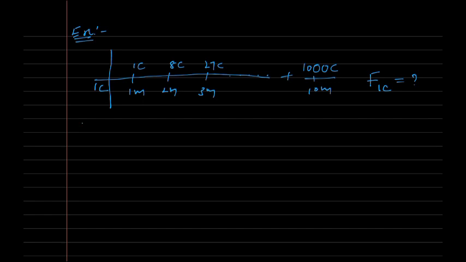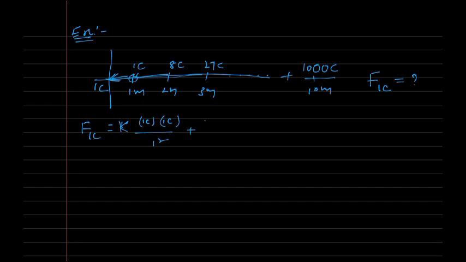I'm writing the expression F. On this 1 coulomb charge, each exerts a repulsive force. So all the forces are repulsive, and they are acting in the same direction. If the vectors act in the same direction, they can directly be added, so there is no complication here. What I'm going to do is take K as it is for simple calculations. K into 1C by 1 meter square.